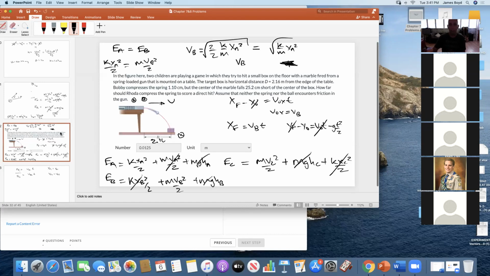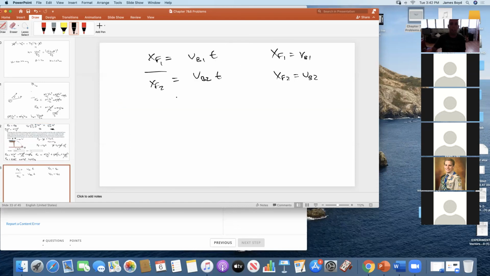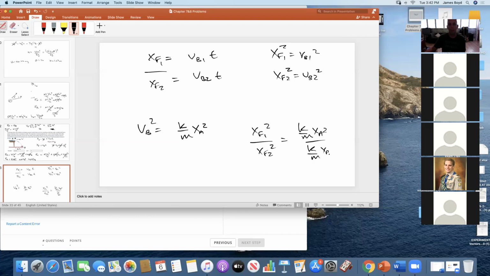I found that vB was the square root of k over m times xA squared. Let me put this back to a square though. So this squared, this squared, this squared, this squared. So x final 1 squared over x final 2 squared is equal to k over m xA squared over k over m xB squared.